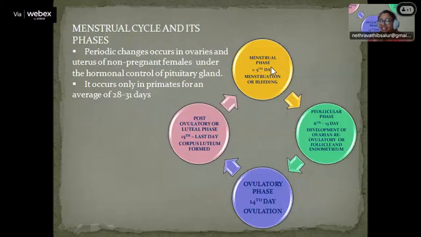Now, the second phase is the follicular phase. There are many names for that: follicular phase, proliferative phase, or pre-ovulatory phase. So you can give any name here. The main event taking place in the follicular phase is that the follicles are developed. Inside the ovaries, the follicles will develop and form into Graafian follicle. Now, why is it called the proliferative phase? In the endometrium, the blood vessels again grow up and form a thick layer.